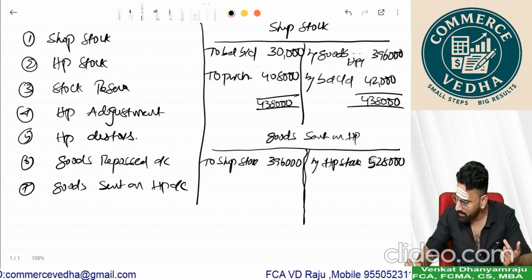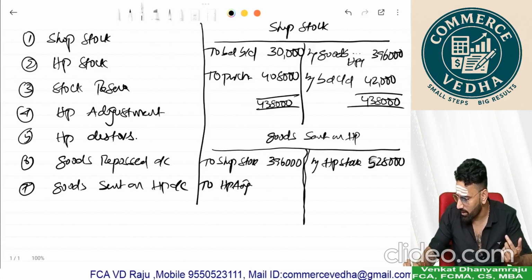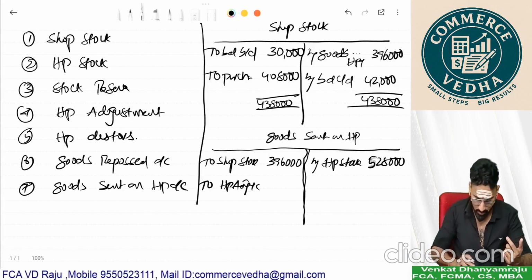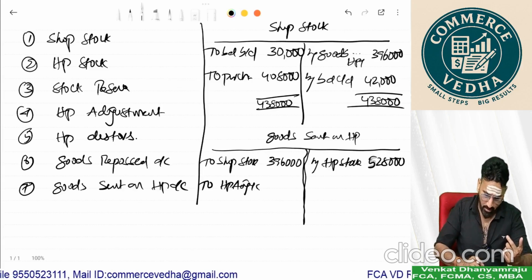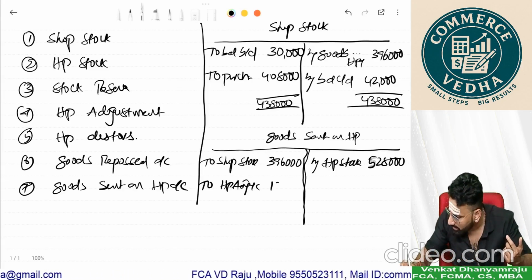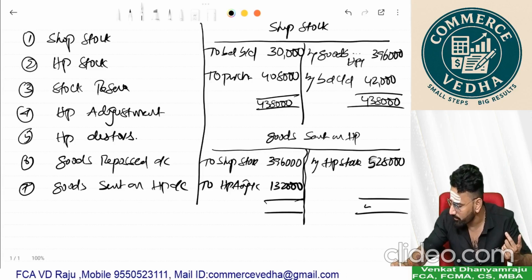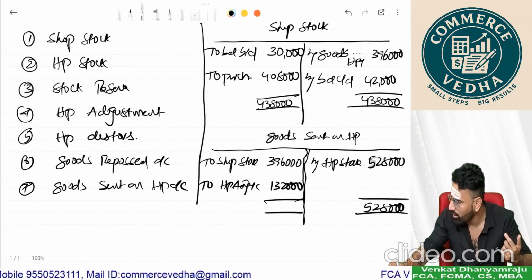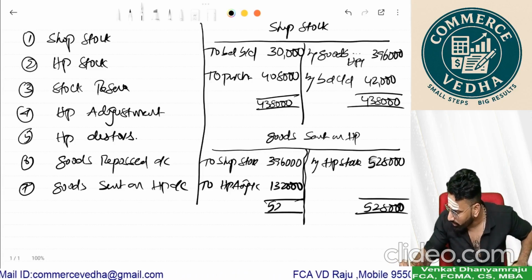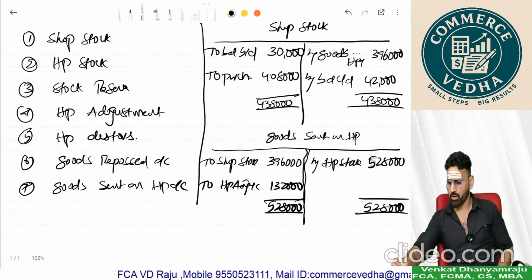And the balance is to hire purchase adjustment account, which is the profit, 5,28,000 minus 3,96,000, 1,32,000 is the profit to be recognized on this. So two important accounts: shop stock account, goods sent.